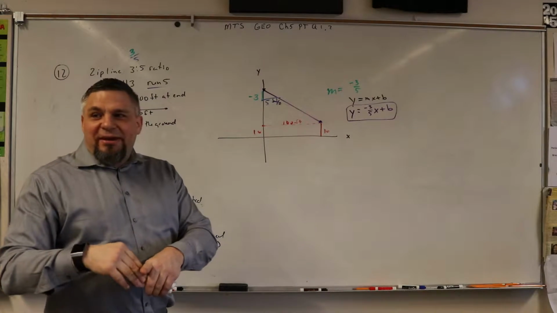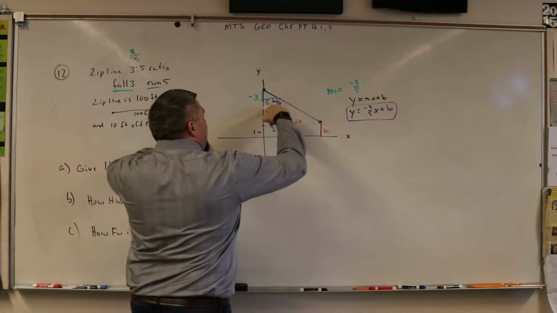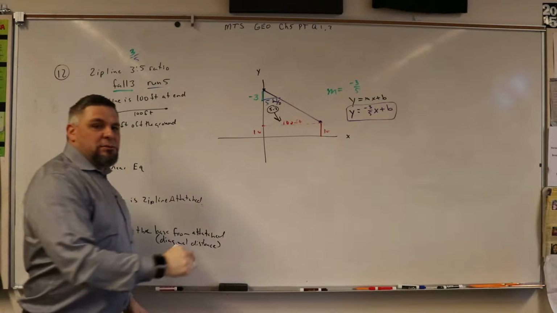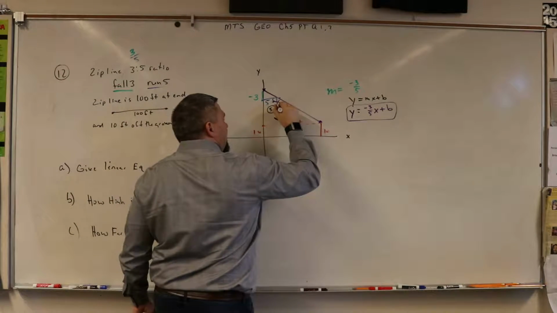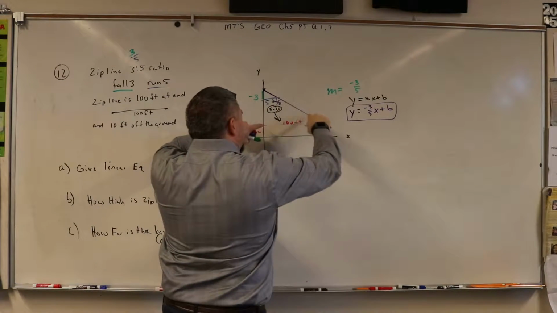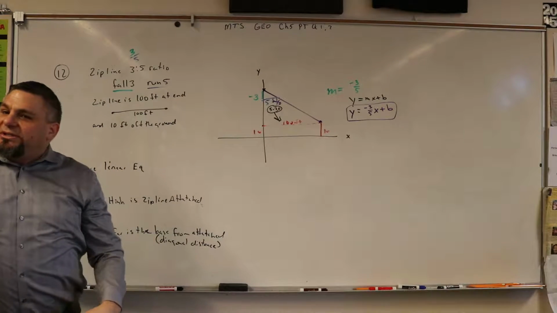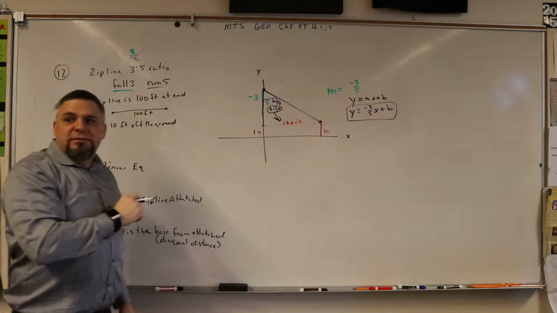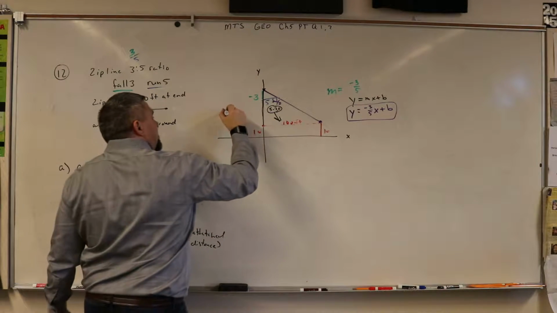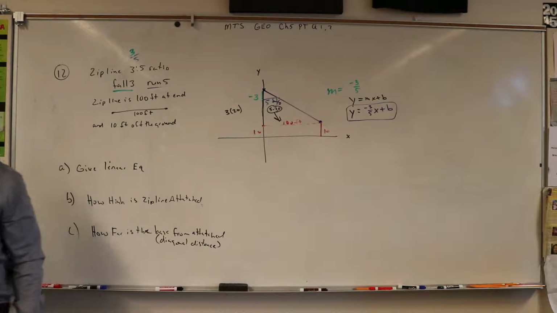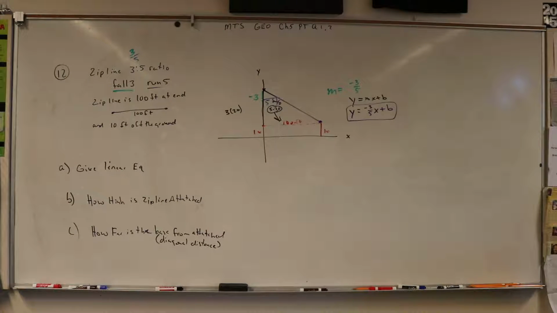So 5 times 20 is 100. That's how I get from this line to this line, so I'm going to do the same thing to go from this line to this line. I'm going to do 3 times 20. What's 3 times 20? 60.